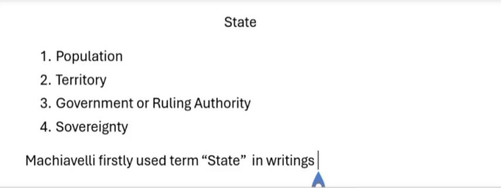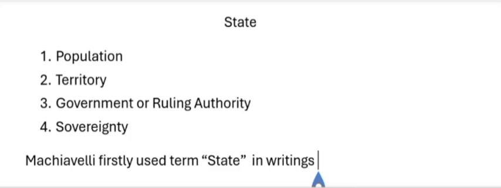There will be a line drawn, known as the territory, which locates a state. So in that specific territory live the people. These are the two basic requirements or elements for a state.